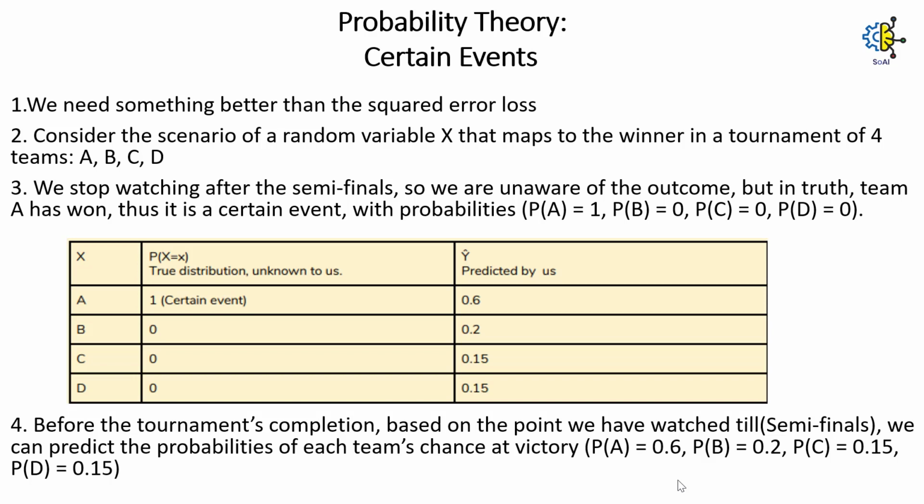But the probabilities predicted by us are: team A is 0.6, followed by team B which is 0.2, team C is 0.15 and D is also 0.15. Before the tournament's completion, based on the portion we have watched till the semi-finals, we can predict the probability of each team's chance at victory. These are the probabilities predicted by us.